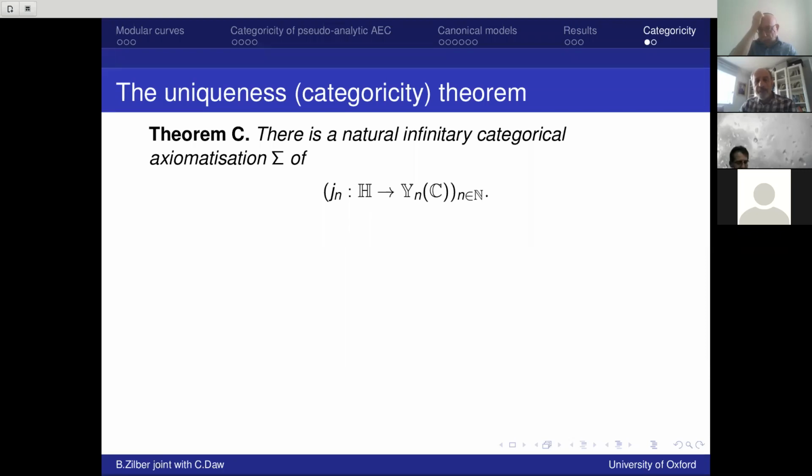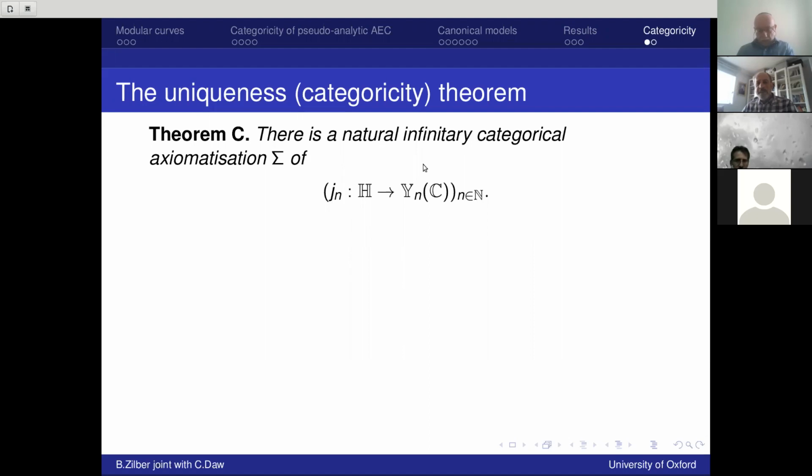So now we can formulate the main theorem. Actually, this is for us the aim of our project. We prove that we give a natural infinitary description. Infinitary means that it is in a certain language that we call the L omega 1 omega language.